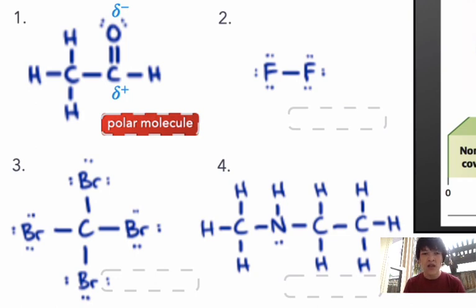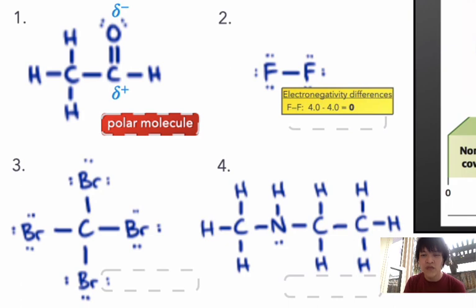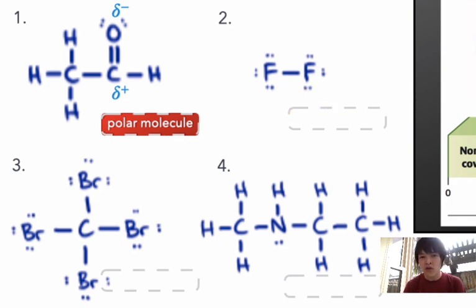For the second molecule, we have a small molecule, fluorine gas, and there's only one bond here. It's a fluorine-fluorine bond. The electronegativity difference between a fluorine and a fluorine is going to be 0. So that means this bond is nonpolar covalent. That means there is no separation of charge, and this molecule is going to be nonpolar.